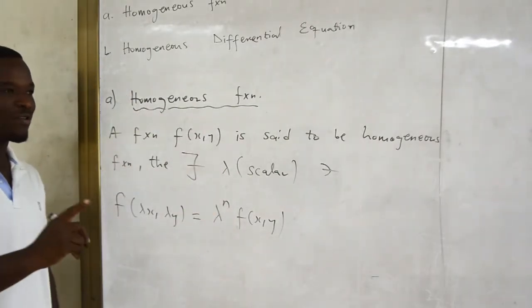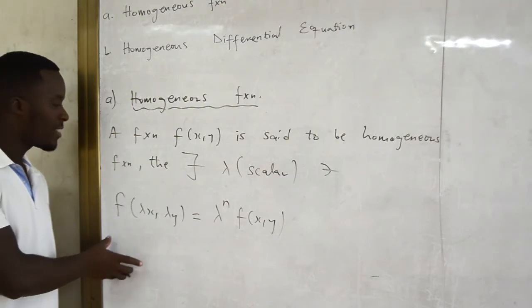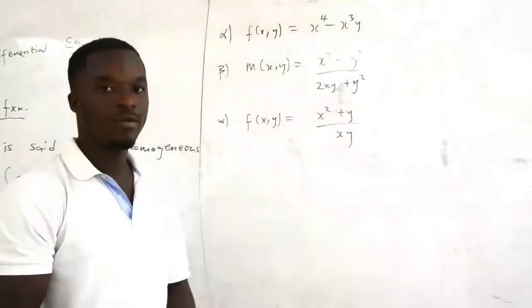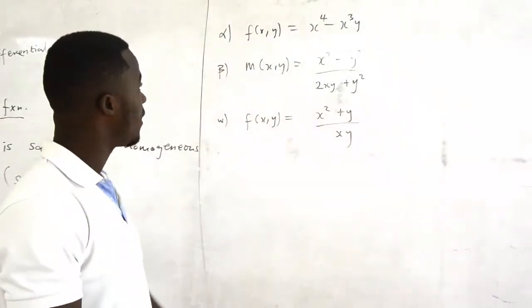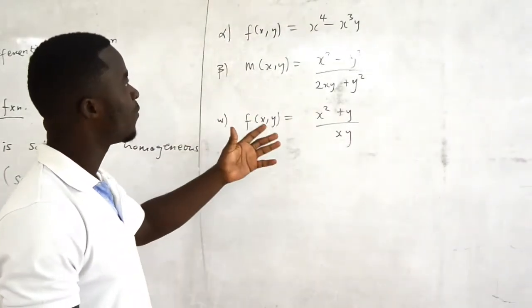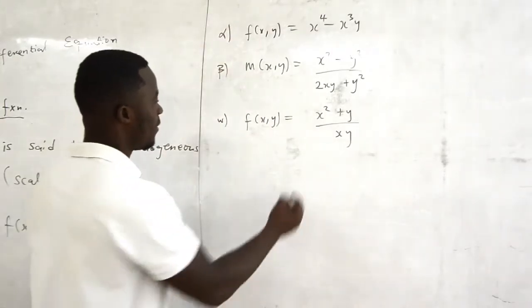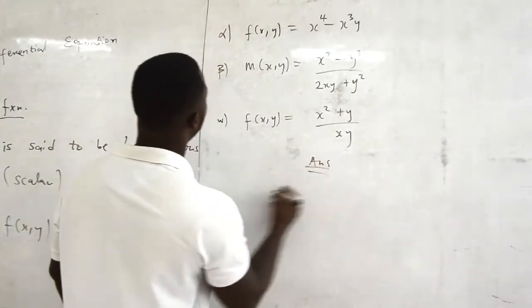So let's solve examples of this type of equation. We have 3 questions here to show whether the following are homogeneous: alpha, beta, gamma. First, we'll solve alpha.